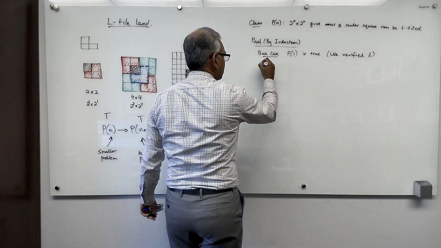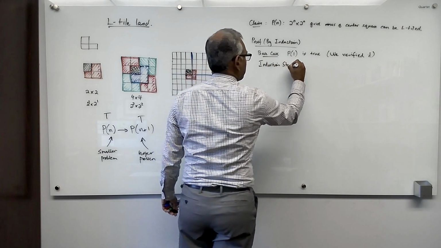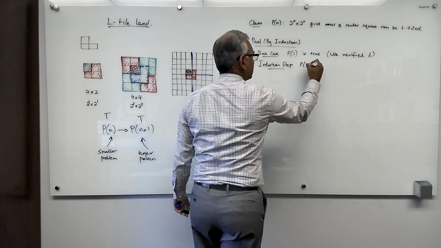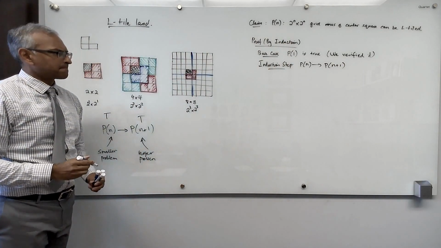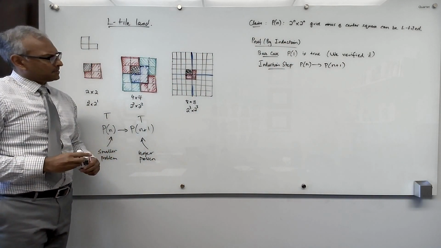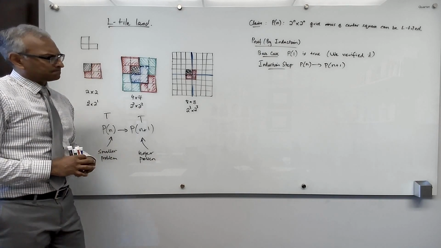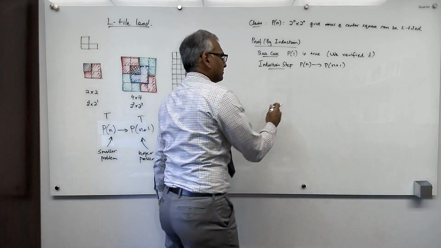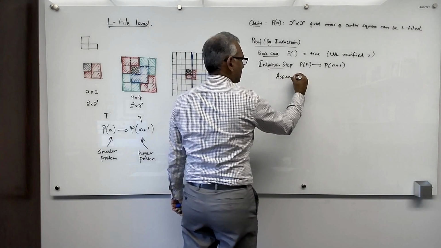Induction step. Now we need to prove P of n implies P of n plus 1. So we have to prove this implication. We're going to use a direct proof.